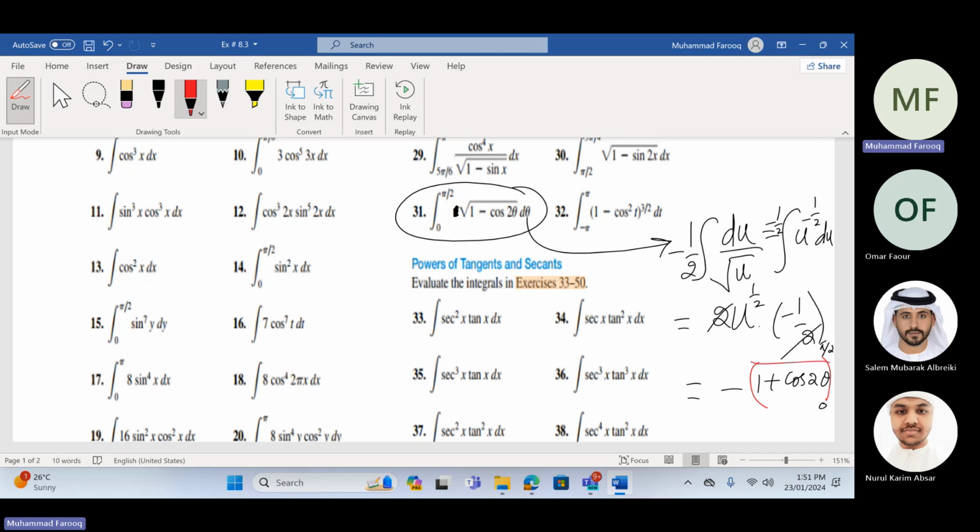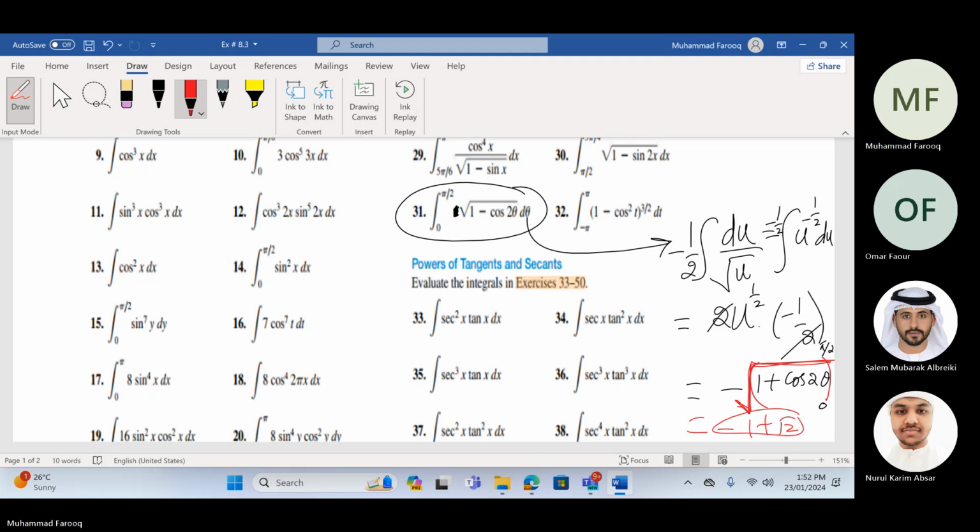It is radical, you're right. Negative radical 1 plus cosine 2. So it becomes -1 and then plus square root 2. Exactly, you're right. So the answer is -1 plus radical 2.